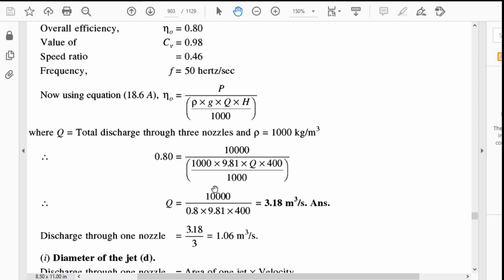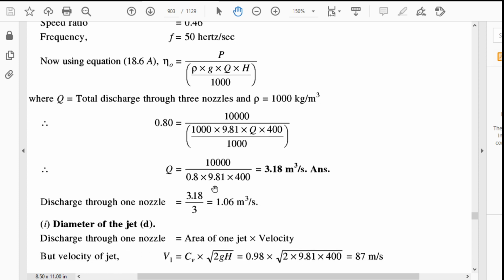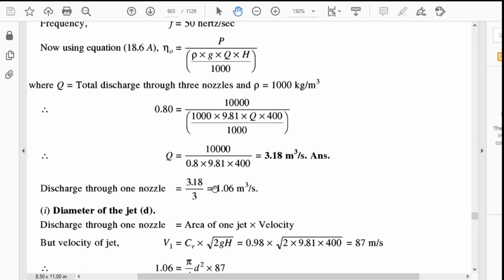Now, using the equation for overall efficiency, first we are going to calculate the discharge. Overall efficiency is shaft power divided by water power. Water power can be calculated by rho g QH divided by 1000. Using this you can find the discharge, which is obtained as 3.18 meter cube per second.